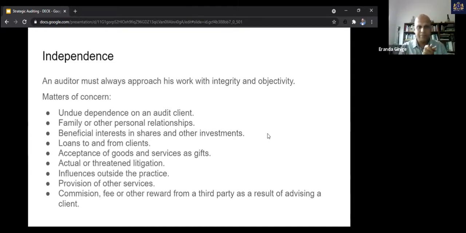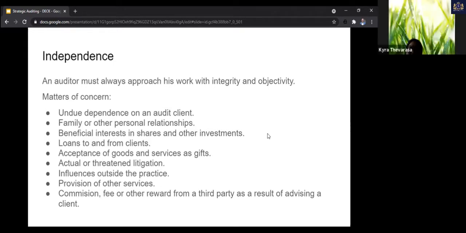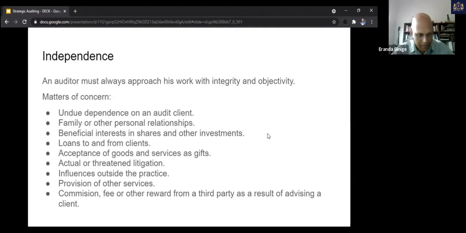Okay, matters of concern. Now, if you have some kind of an undue dependence, right? If you're under obligation to your client in some way, that is going to take away your independence, right? And we will look at an example in a case study shortly.